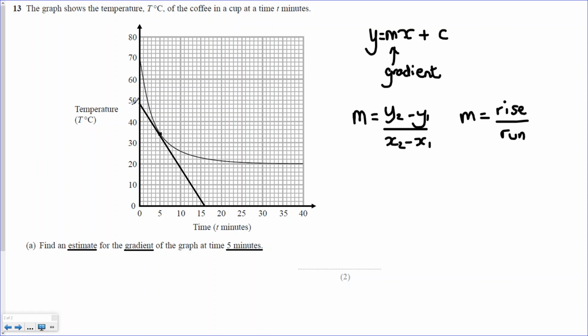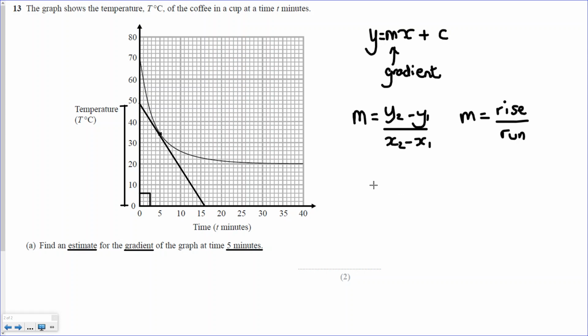So the rise in this case is going to be this length here. If I switch back to this tool, the rise is going to be this distance here. So we have a right angle triangle, and I'll show you where the right angle is. There's the right angle. Hopefully you guys can see the right angle triangle there. We need to work out the rise. Now the rise, I think, is around 48.